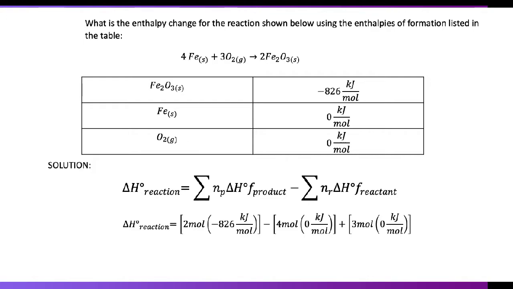This one is easier to solve because both iron and oxygen have 0 change in enthalpies. So our answer is negative 1652 kilojoules.